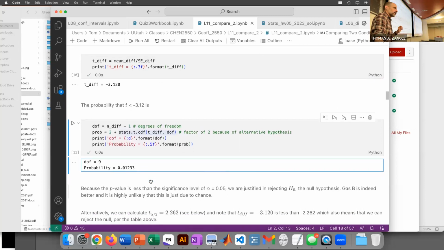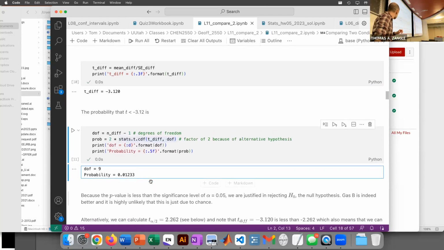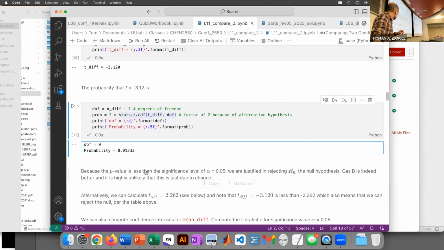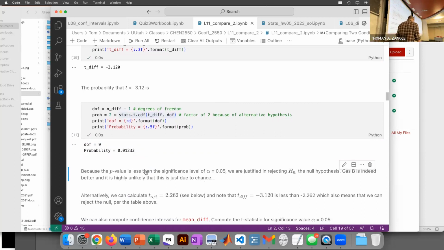So, an alternative way of conducting this hypothesis test. Again, we saw last time that we can conduct a hypothesis test by computing a p-value and comparing it to our level of significance, our alpha. In this case, that's what we did. We computed a p-value of 0.012, said it's less than our significance of 0.05, and therefore we reject the null hypothesis.